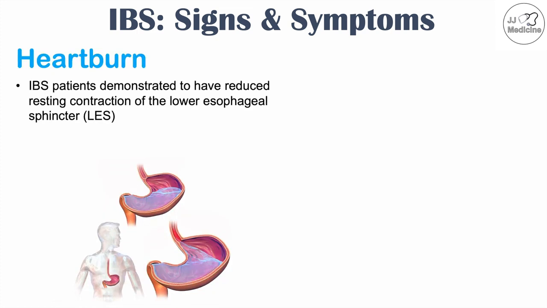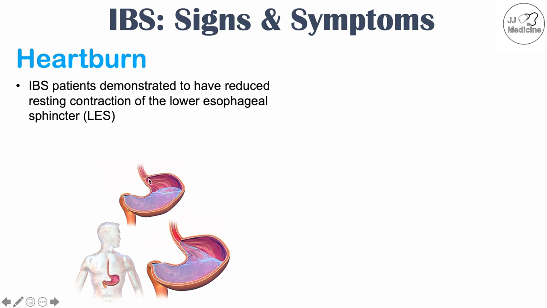Patients with IBS can also have heartburn. So IBS patients have been demonstrated to have a reduced resting contraction of the lower esophageal sphincter. So if we look in this image here, here is the stomach, and here's the esophagus, and here is the lower esophageal sphincter. This is normally closed when someone is not eating, so it prevents gastric contents, which are very acidic, from refluxing up into the esophagus.